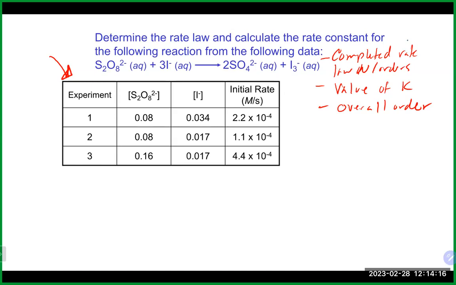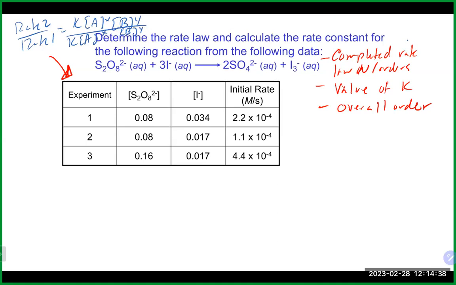How you're doing? So again, when we have a table like this, we want to use that rate 2, rate 1 equation that we've been talking about. Here we want to grab two entries where one concentration will remain constant and the other will vary.